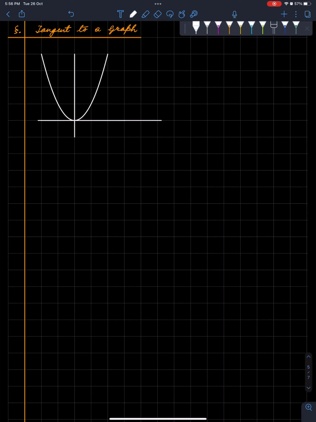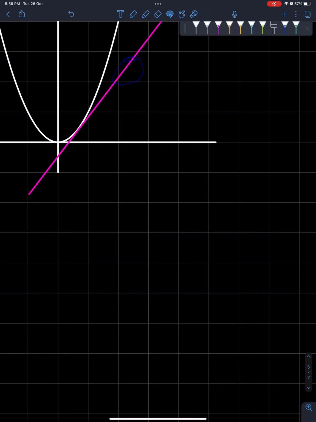And intuitively, if I have some point on this, the tangent at this point is this pink line. So one would like to say, okay, a tangent to this curve is a line which intersects the graph at exactly one point.